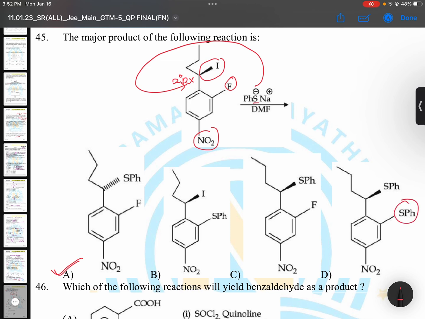This won't come, this won't come. There is a possibility of this group also, but dimethyl formamide is given. Dimethyl formamide is better for SN2 reaction. So SN2 reaction, inversion takes place. Here the twist is with this DMF.